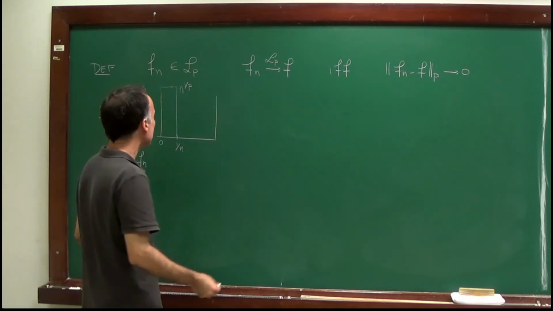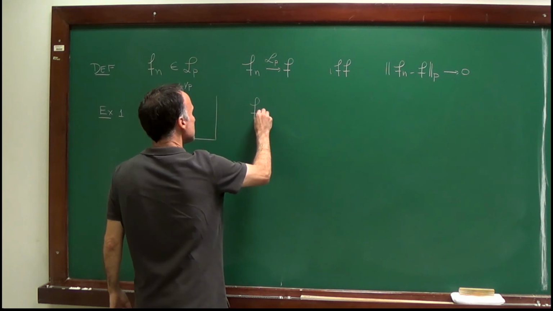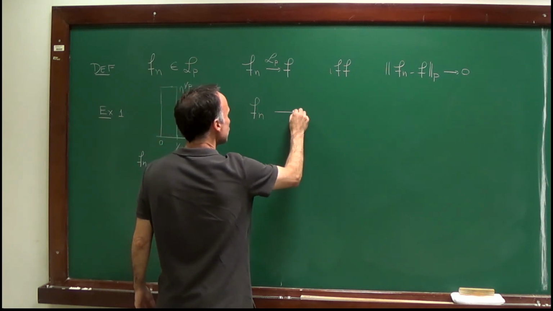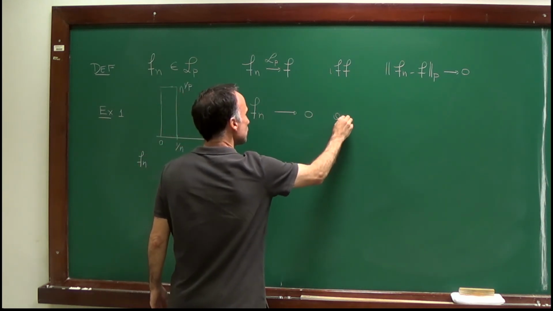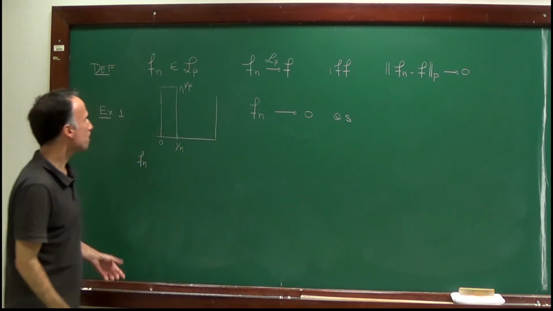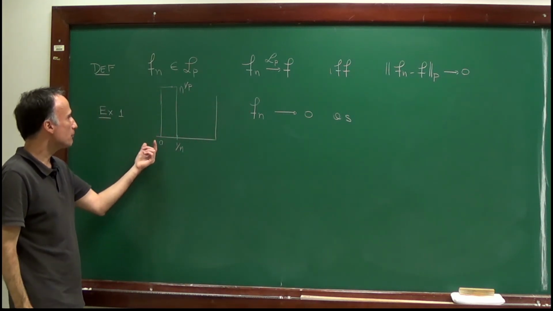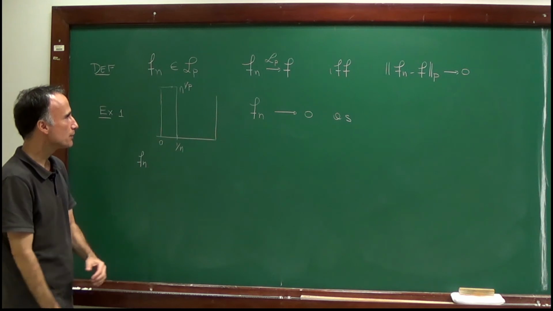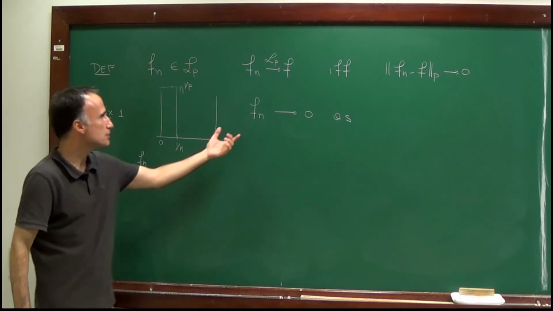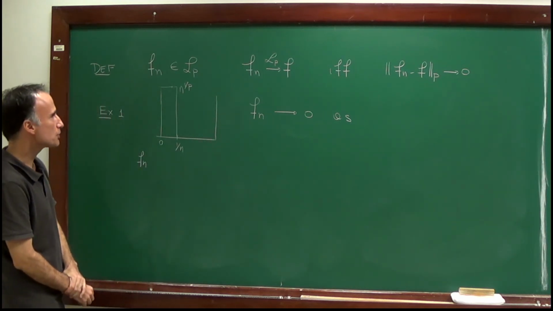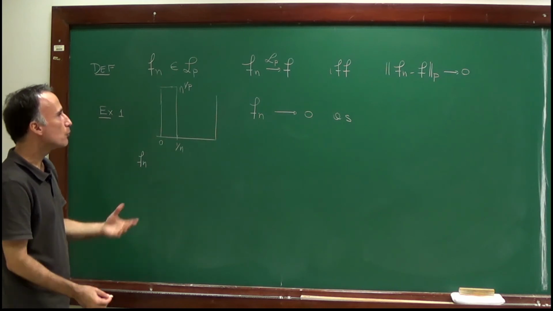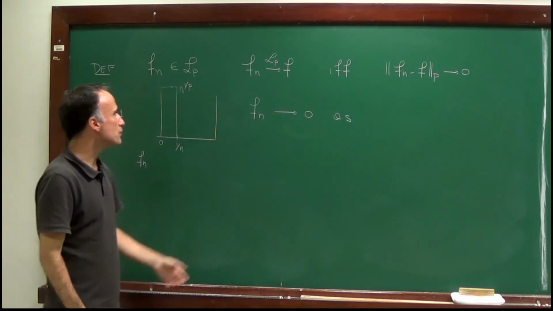Well, it's clear that this function f_n converges to 0 almost surely, because for every point different from 0, this sequence is equal to 0 for n sufficiently large. And it also converges to 0 in measure.